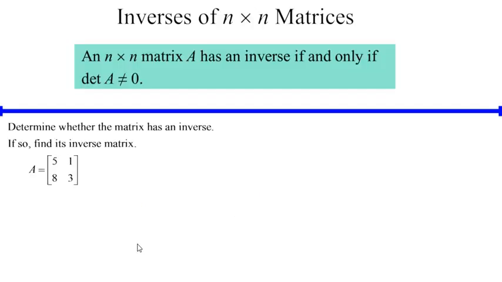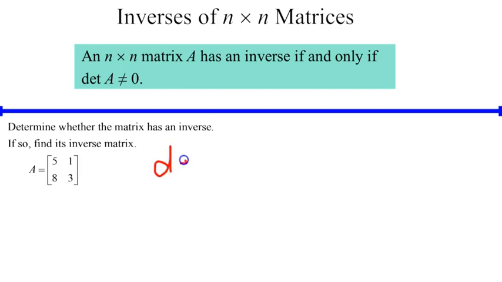Now that we know what the determinant of a matrix is, we can go through an example of finding the inverse of a matrix. So if we have an n by n square matrix, that matrix only has an inverse if the determinant of the matrix is not equal to 0. So the process of finding an inverse, first we need to find the determinant of that matrix.